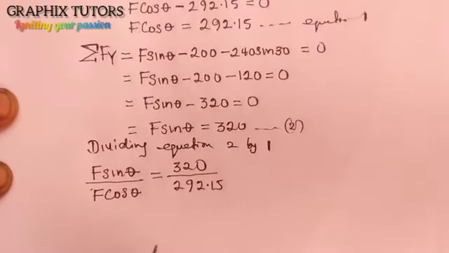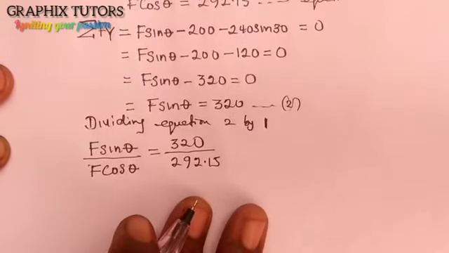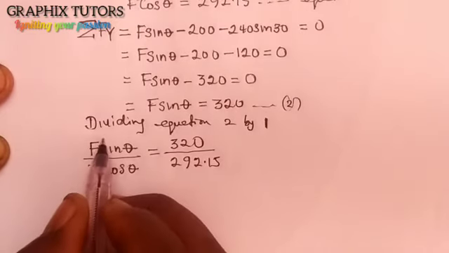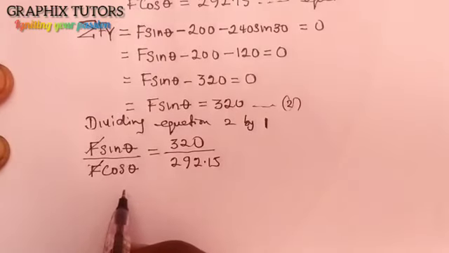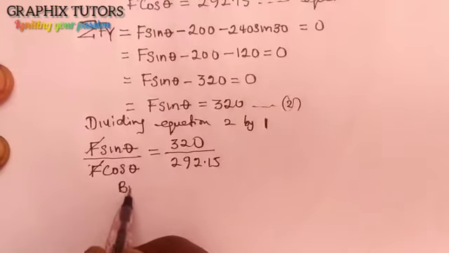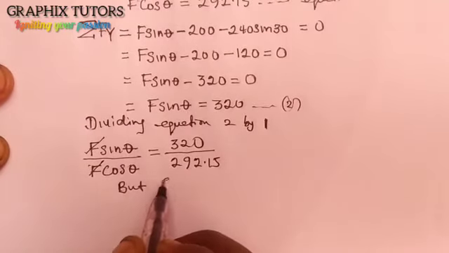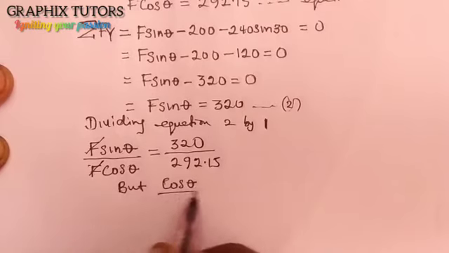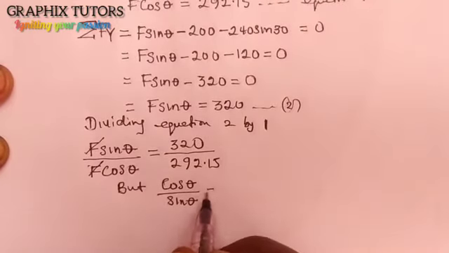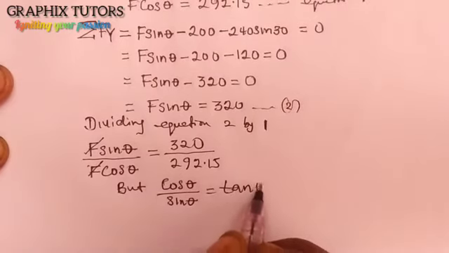This f equates with this f, so we are left with sine theta over cos theta, which in trigonometry is tan theta.